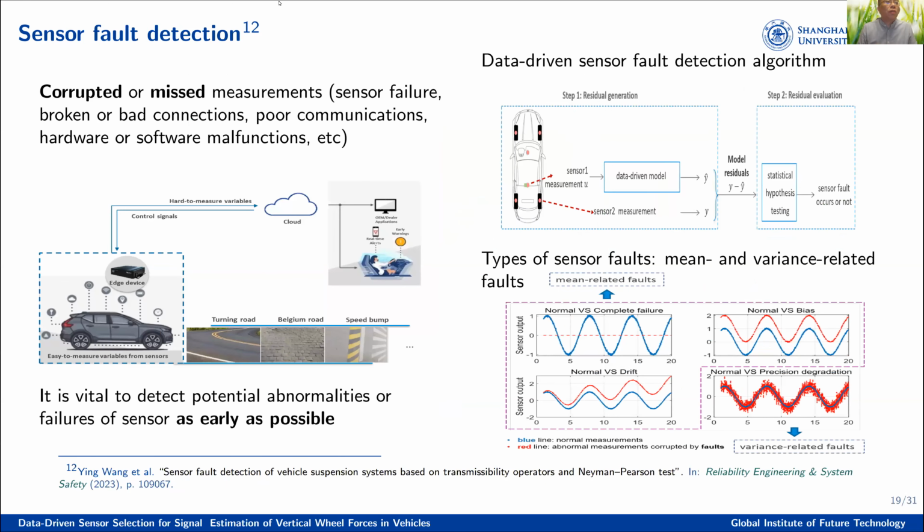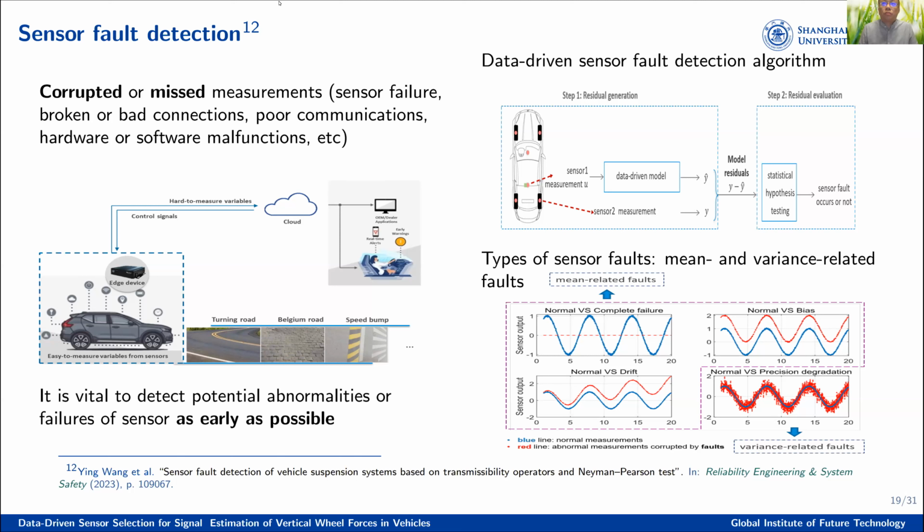There is also another question we missed: during the sensor-to-sensor identification problem, sometimes the sensor will be corrupted or the data will be missed. In that case, it is vital to detect potential abnormal situations or failures of the sensor as early as possible.